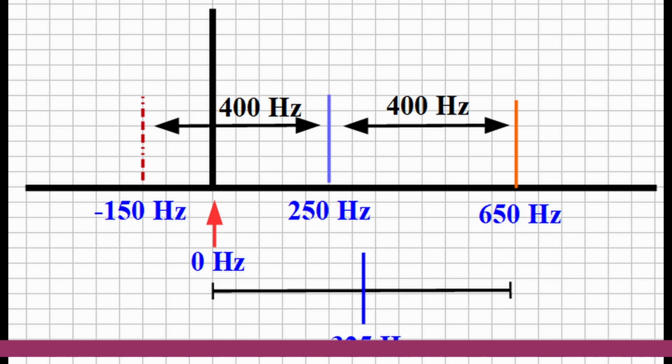And we get an average frequency of 0 to 650 divided by 2, which is 325 Hertz. The pitch goes up from the previous and original 250 Hertz to these 325 Hertz.